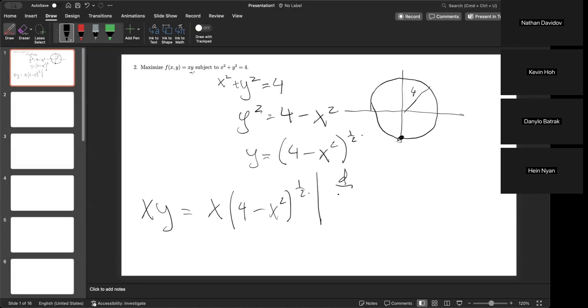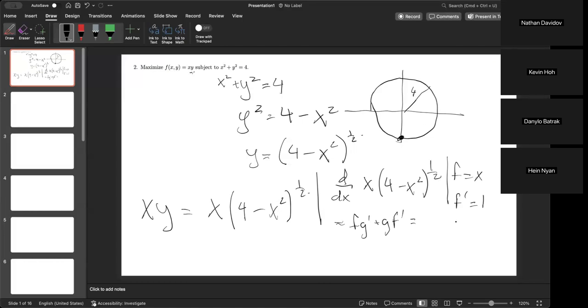So let's take d dx of x times 4 minus x squared to the 1/2. Here I'm going to be using the product rule, which tells me that this is f g prime plus g f prime. I know that f is x, f prime is 1, good.